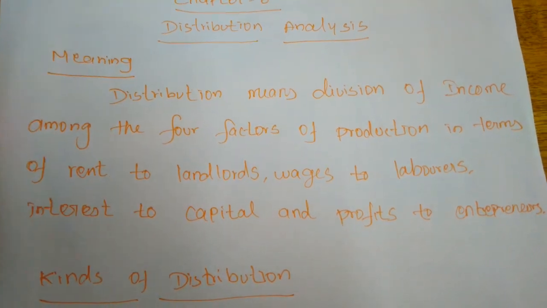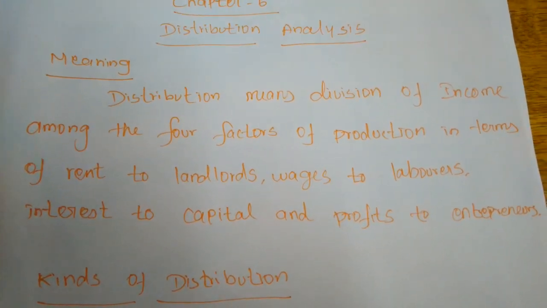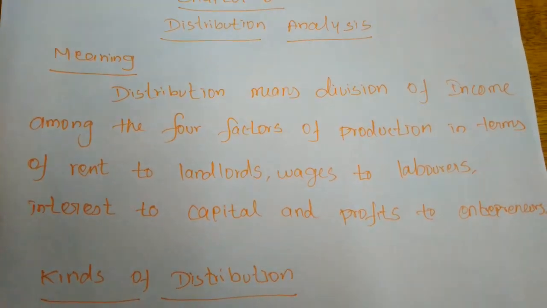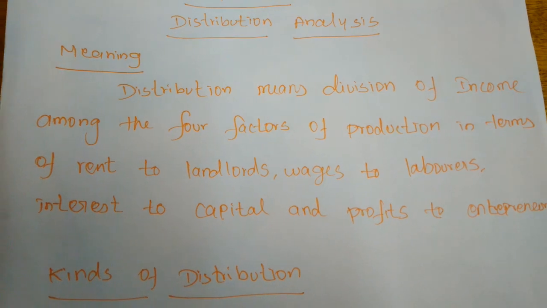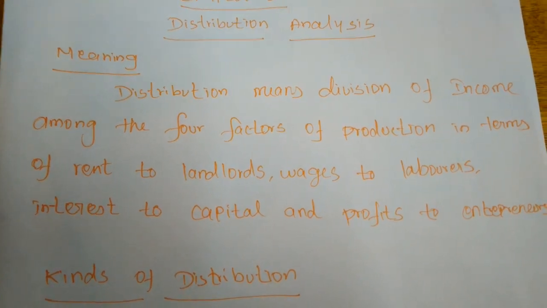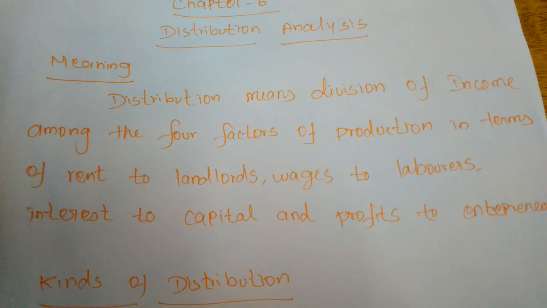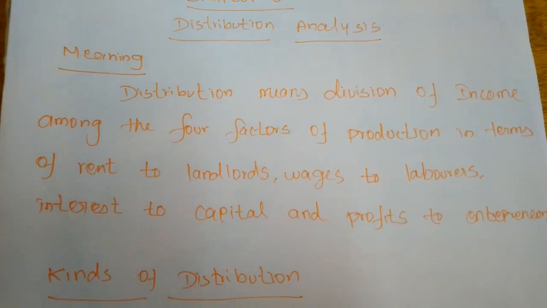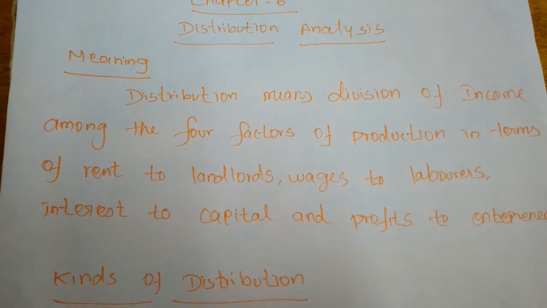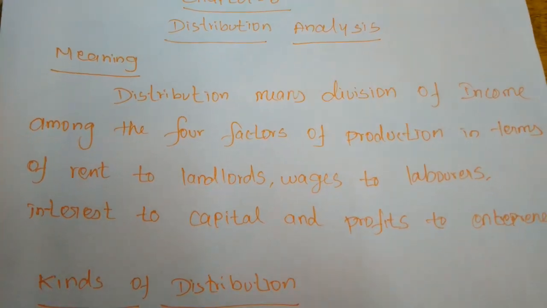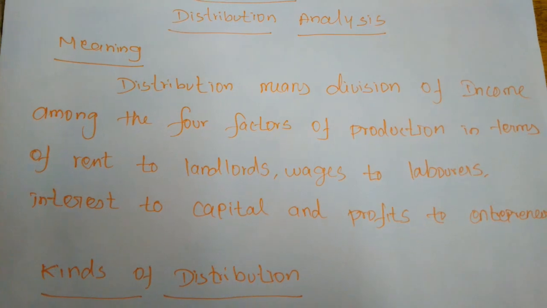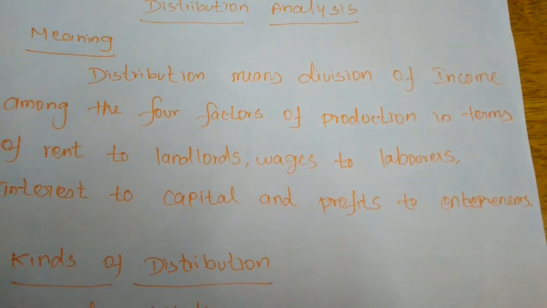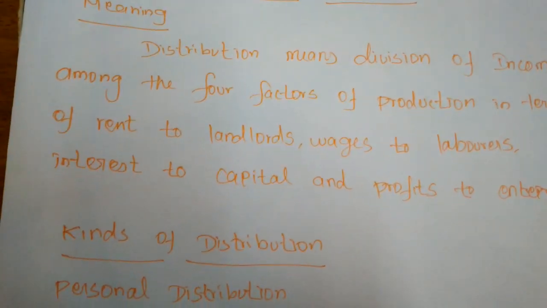We have already studied the four factors of production. Without these four factors of production, we can't produce anything. Therefore, when arranging the factors of production, these four factors must get remuneration in some form. Land gets remuneration in the form of rent, and the laborer gets wages.